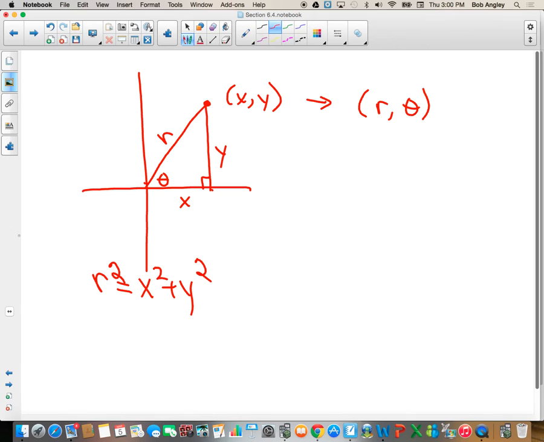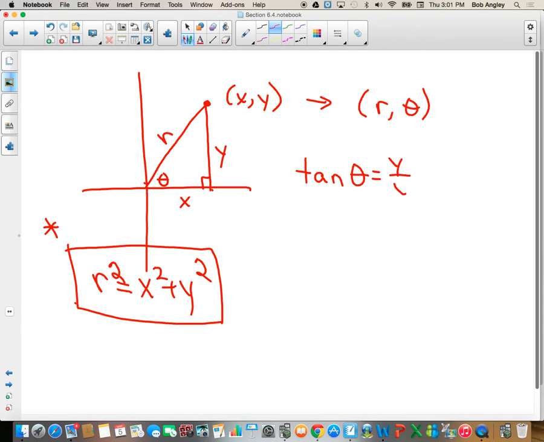Okay, so this is the equation that was that third equation over. All right, so I'm going to put a little box around that. This one is important. Now, the equation that connects the theta with the X and the Y is the thing that they had, which is the tangent of theta is equal to y over x.